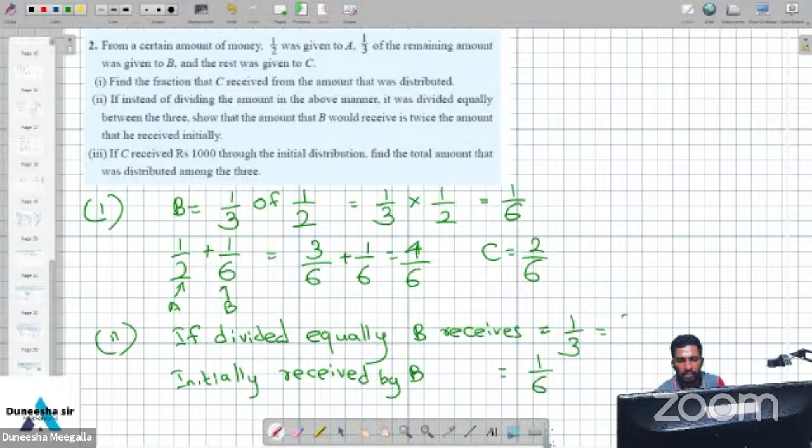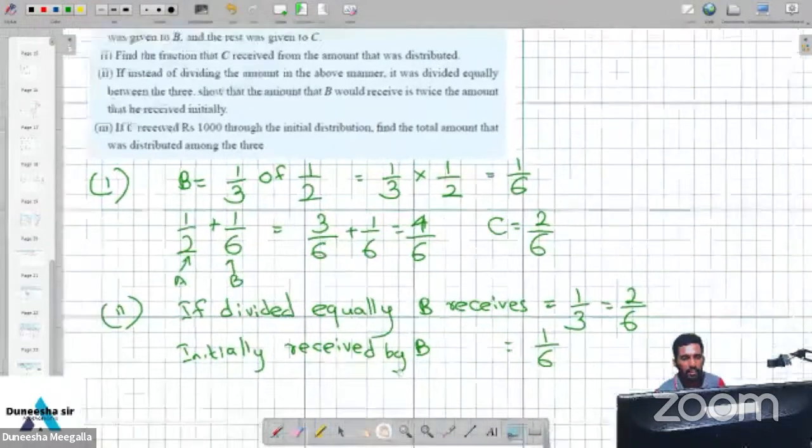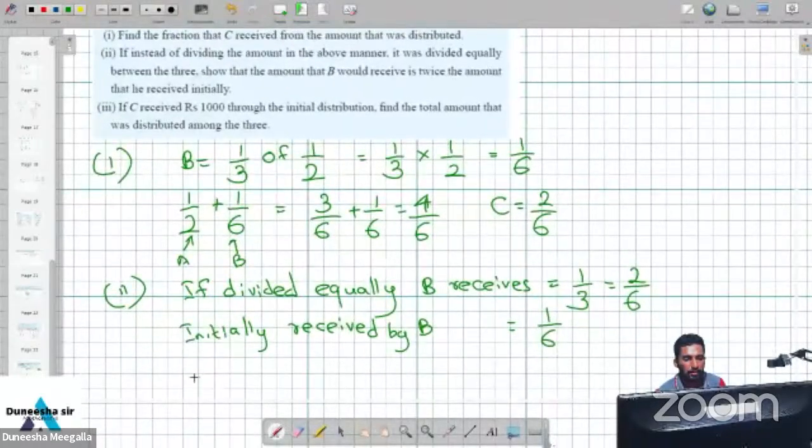Then this is 2/6. Okay, then B receives twice if divided equally.